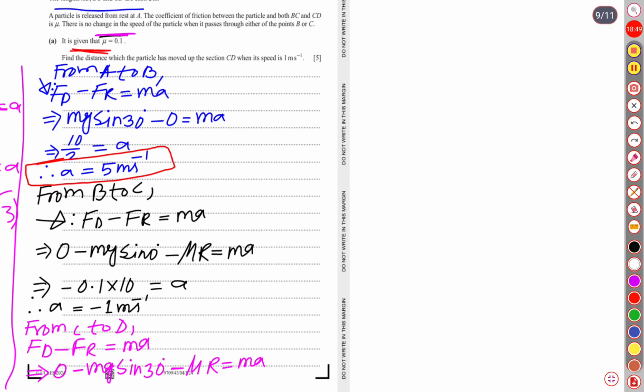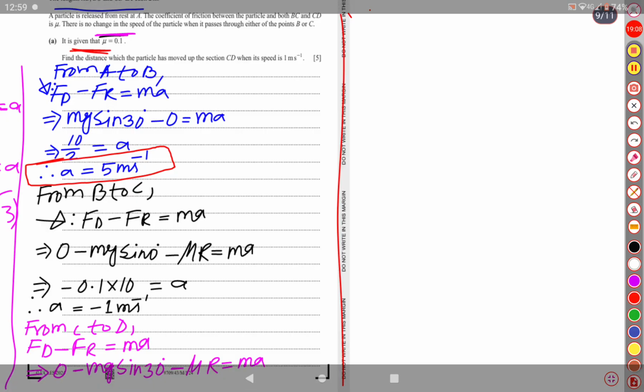Let me draw a line over here. Okay. Now first of all, we will find the velocity at B.